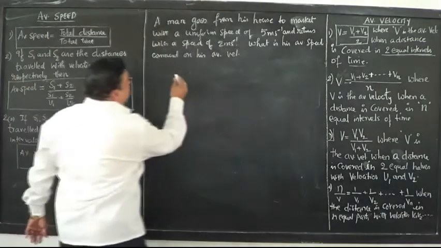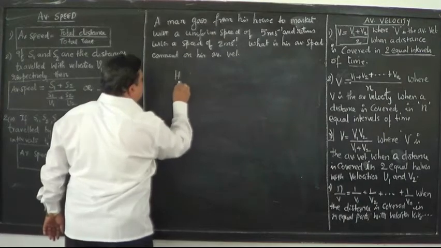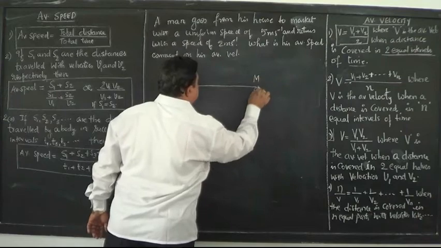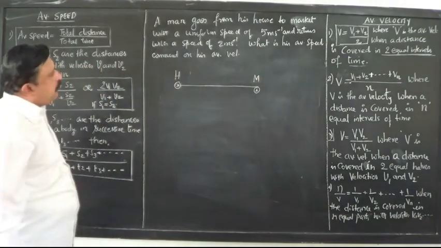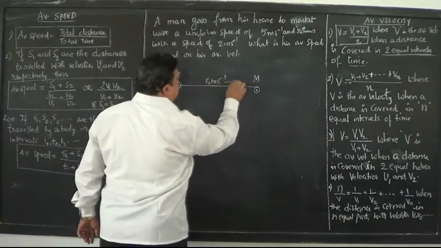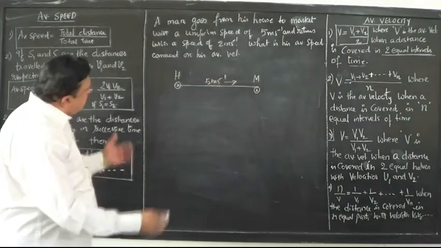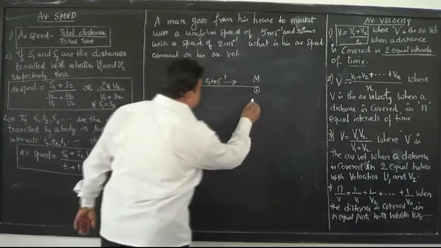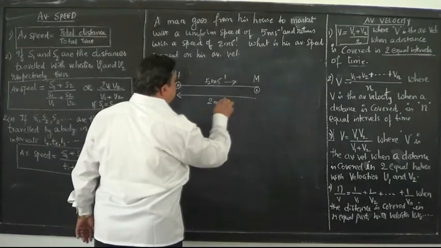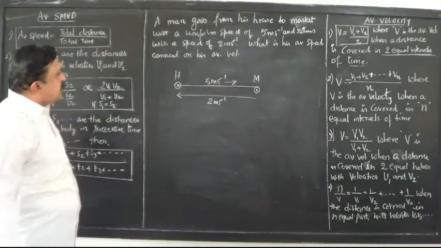Say man goes from his house, this is house, to market, say this is market, with a uniform speed of 5 meters per second and returns with a speed of 2 meters per second. So while returning from market to house, the speed is 2 meters per second. What is his average speed?